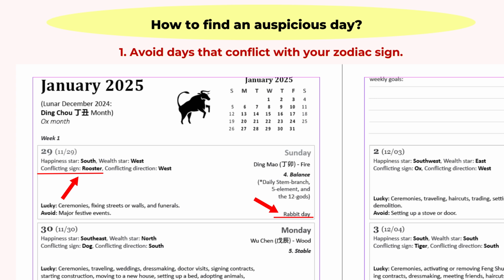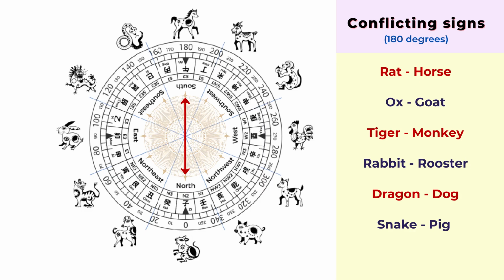The first one is to avoid dates that conflict with your zodiac sign. Since there is a 60 combination in every day, the earthly branch of that 60 combination represents an animal sign. So every day there's a governing animal sign. And when we look at the chart, the animal sign crossing from that animal sign is your conflicting animal sign.